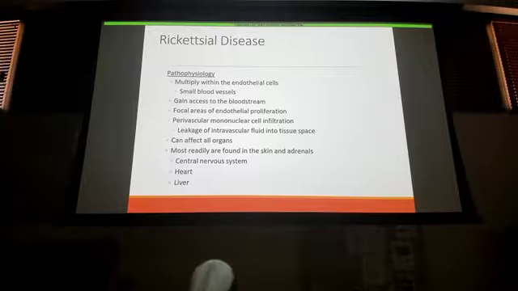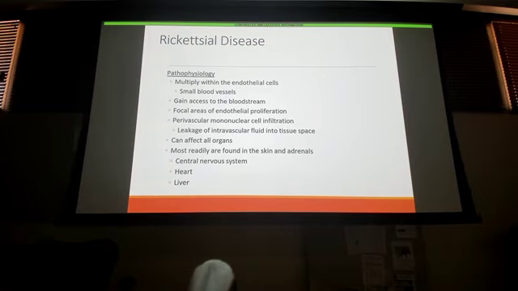All right, so this slide deck, we're going to talk about some diseases. Those diseases have their own specific rickettsia organism as a pathology, and so that's what we'll look at. This is similar to Neisseria meningitidis in end state, but not in pathophysiology. Look at this first bullet here. It says it multiplies within the endothelial cells, the small blood vessels.